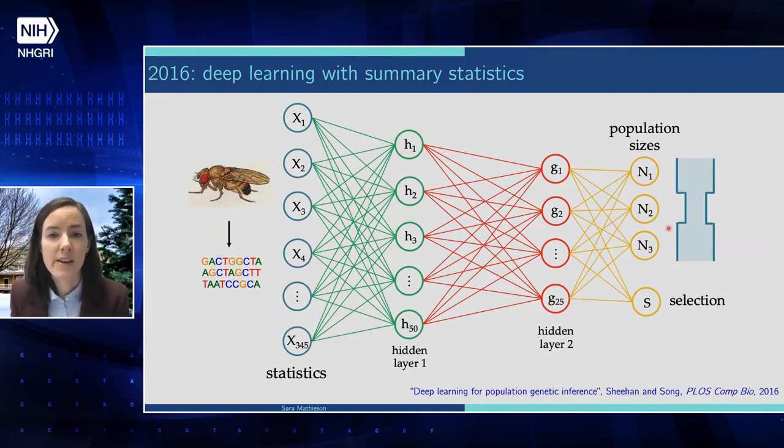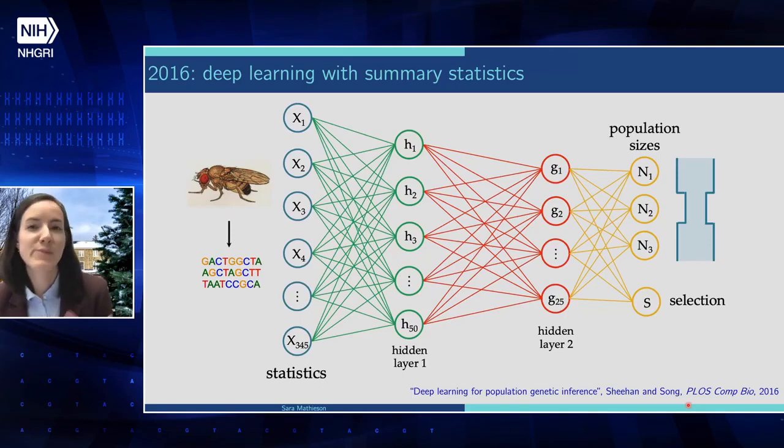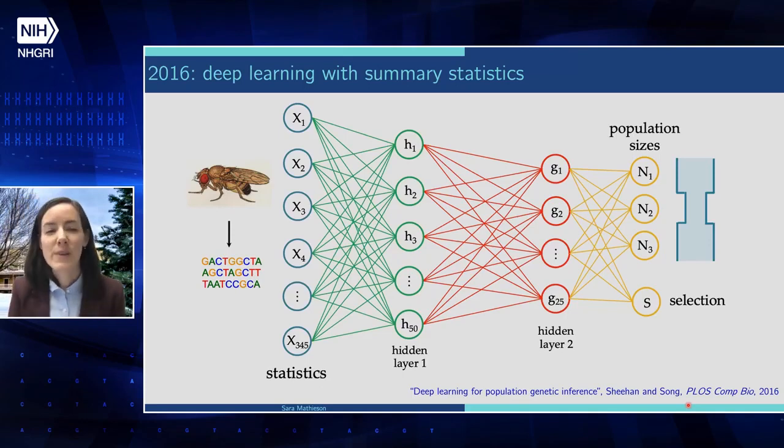So here represented as this simple bottleneck model, but jointly inferred along with natural selection. And the idea was that this deep learning method could actually distill down information within these summary statistics, creating groups of summary statistics or features built out of summary statistics that would be informative for these parameters.